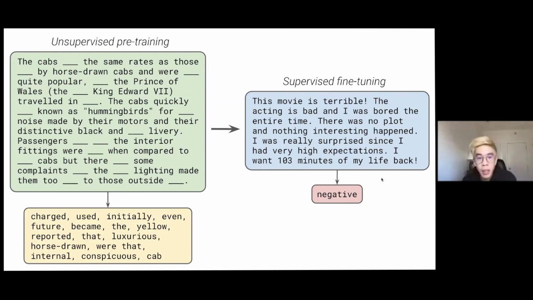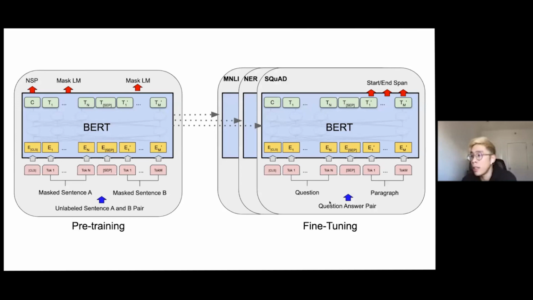This paradigm really took off in 2018, 2019 with the introduction of BERT. BERT was one of the first pre-trained bidirectional language models, released by Google. They employed this transfer learning paradigm and showed state of the art on pretty much all the standard NLP benchmarks, pre-training and then fine-tuning.